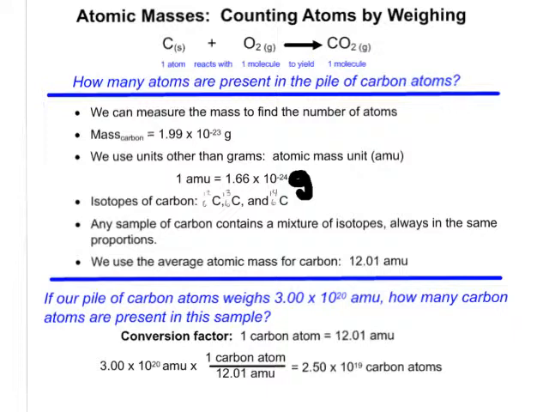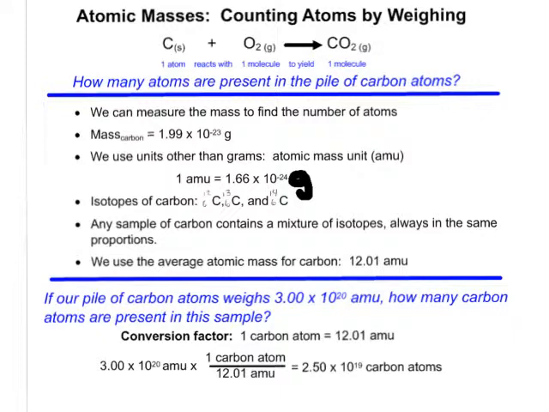Now remember, we can take the average, right? One thing to remember: any sample of carbon contains a mixture of the isotopes, and the percent of each type of isotope is always going to be in the same proportion in any sample. So we can very confidently take the average atomic mass for carbon, and that happens to be 12.01 atomic mass units.